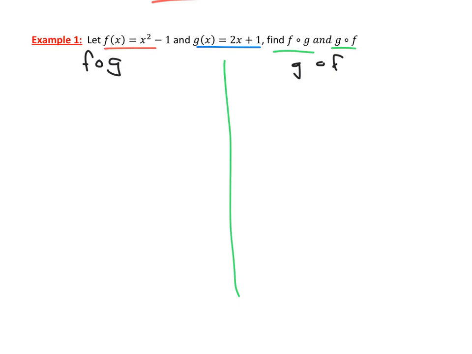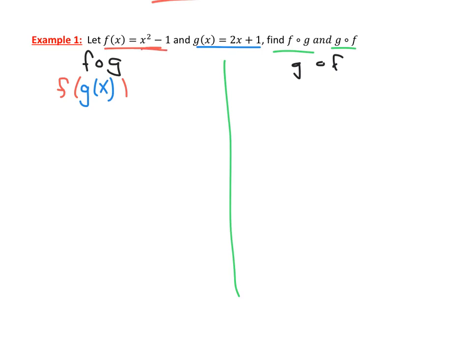So when I do this, for f of g, that means f of g of x. So what I tell my students to do is to go through the outside equation, in this case, the f of x equation, and anywhere you see an x, put parentheses.